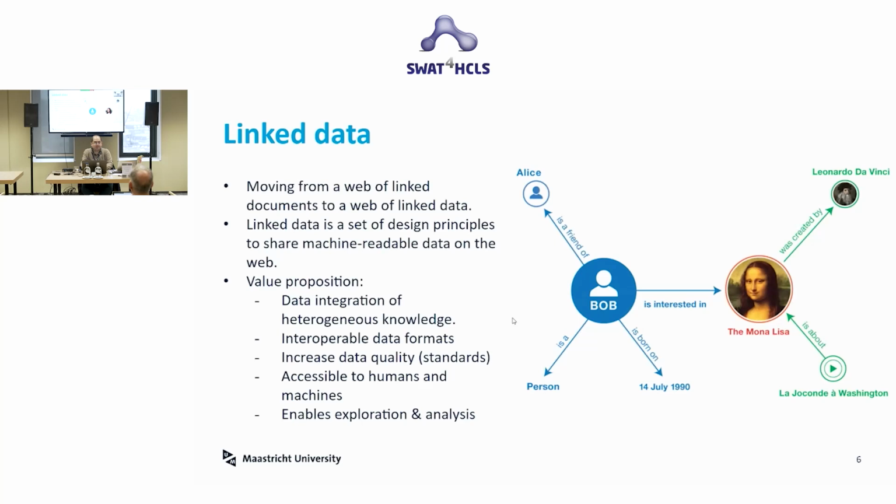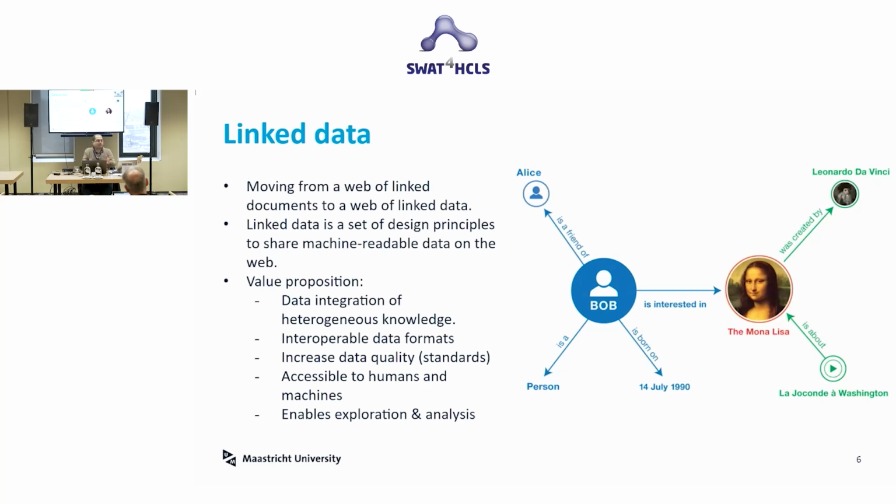Here, if I have this graph and I want to ask a question, give me all the friends of a person that likes the Mona Lisa. This is simple because I have only 2 people here, Alice and Bob. But when I have a billion people on Facebook, and 5 of them already mentioned the Mona Lisa somewhere, Facebook wants to know, give me all the friends of the people who mentioned the Mona Lisa in the last 5 days, or the people who went to this conference in the last week.